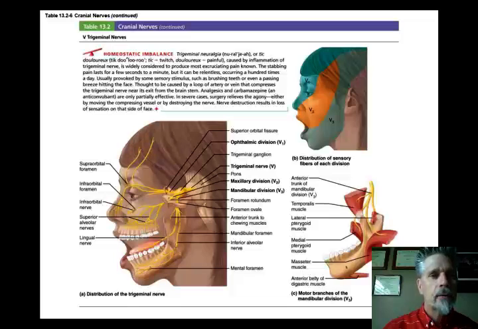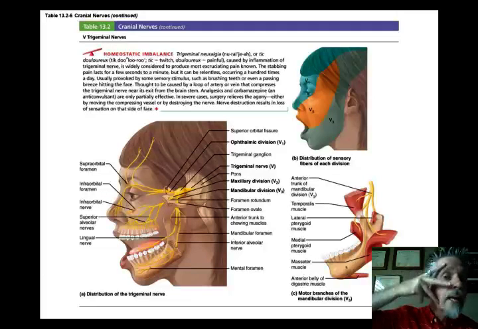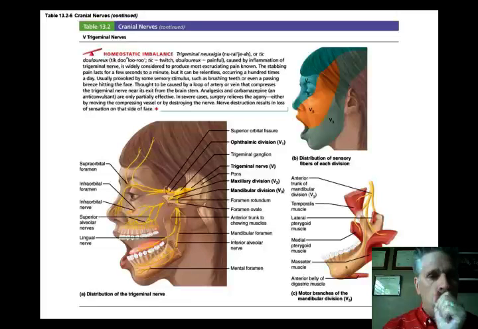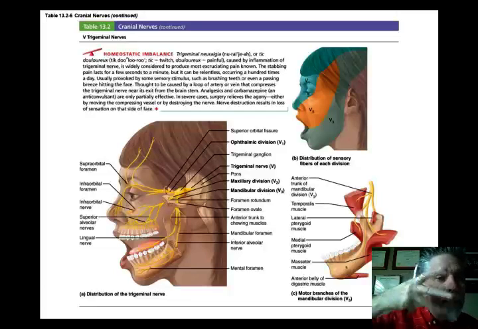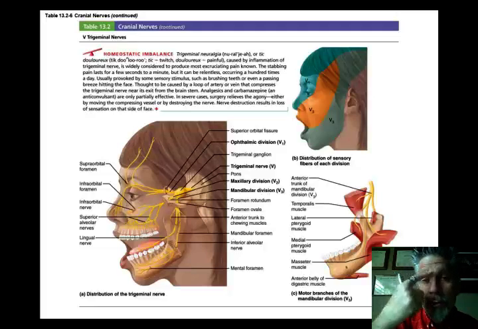Then we look at cranial nerve number 5. This is called the trigeminal. Trigeminal has 3 different areas of the face that it's going to innervate. So when we look at it, you can see all of these different pathways. Remember when we were going through the skull and we found all these different foramina?